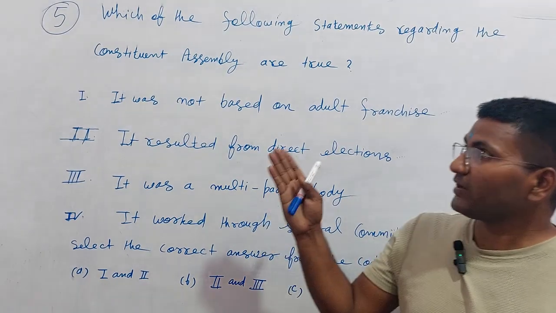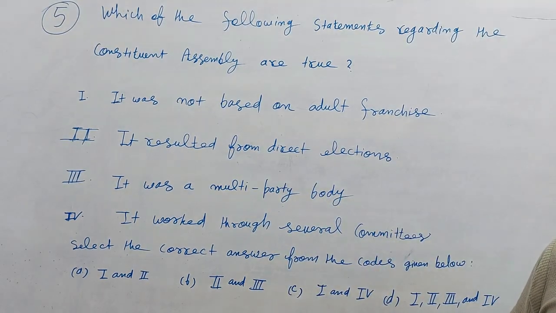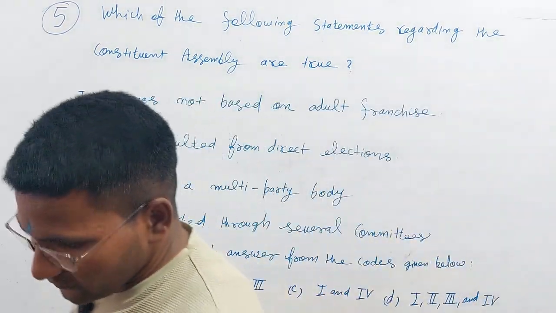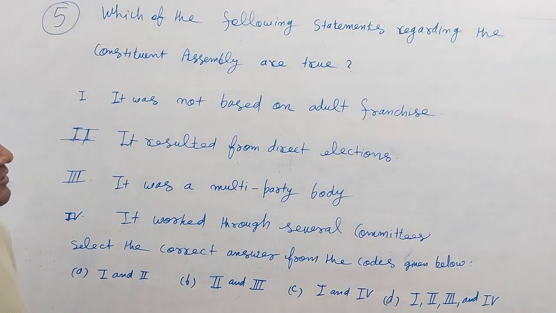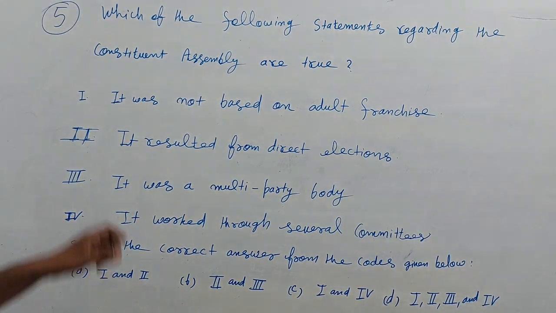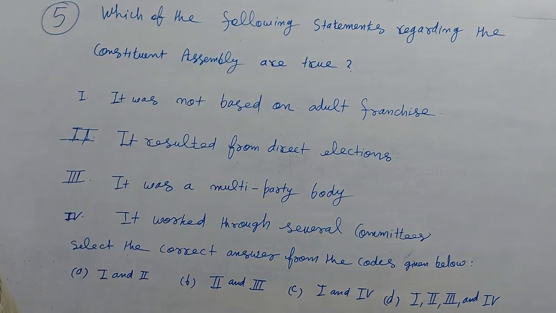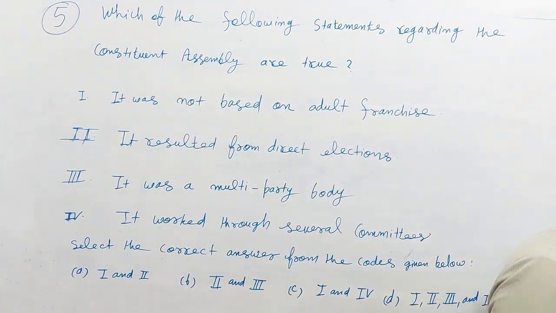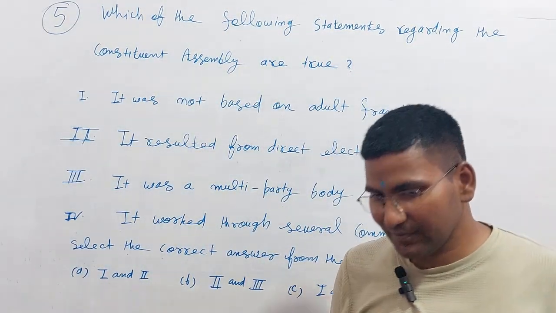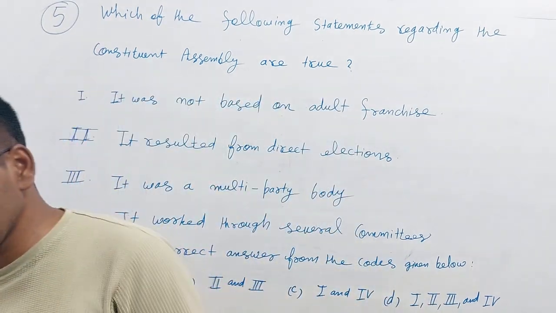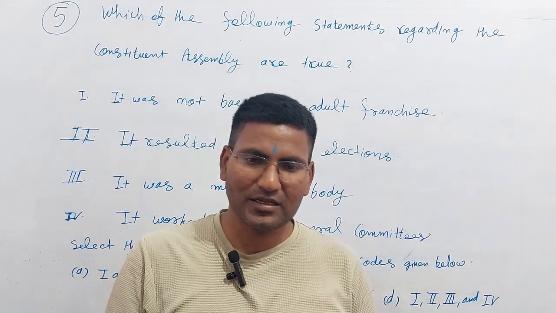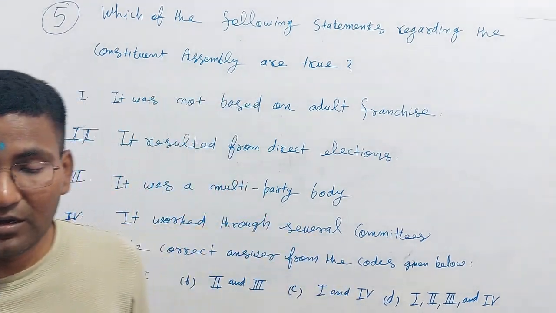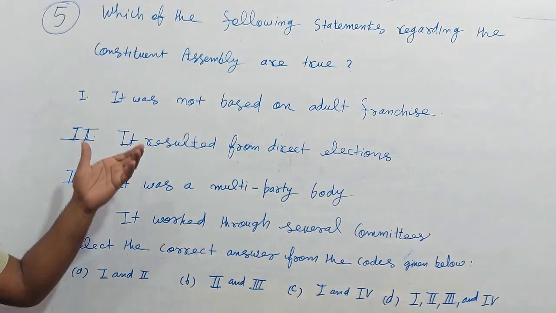Question number 5 asks which of the following statements regarding the Constituent Assembly is true. This is a fantastic question, and you should know about the Constituent Assembly. If you know some basic facts, then you can deal with these types of questions. Let us see the options.